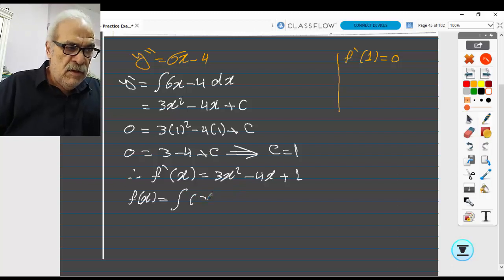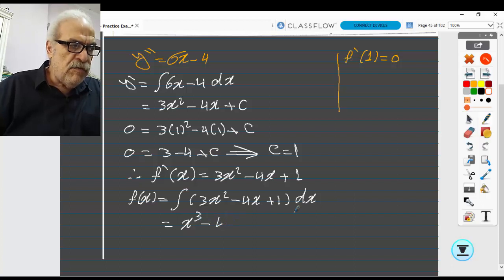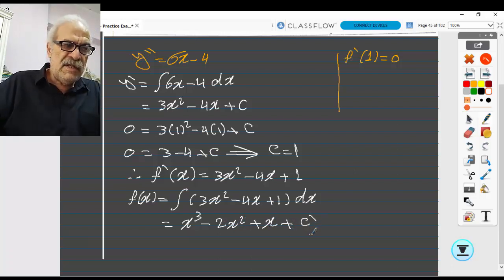Integration of 3x squared minus 4x plus 1 dx, which equals, by adding 1 to the power here, it will be 3, and we divide by it, x power 3 minus 4 divided by 2, equals 2x squared, plus x plus c dash. Okay, it is the second constant in this question.